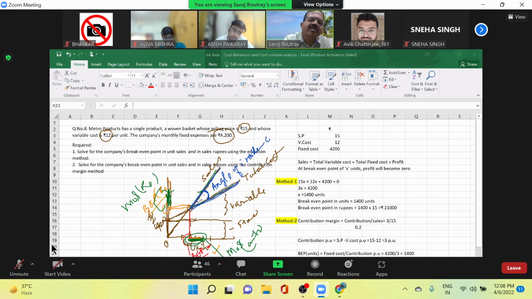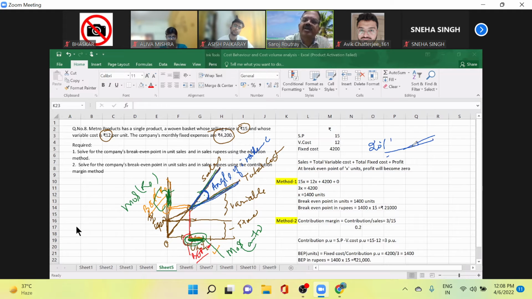Bigger the angle, bigger is the contribution margin. So if contribution margin is 20%, your angle may come like this, right? If it is 60%, it will come like this. So it depends on how much contribution margin you are having. But this is called angle of incidence.